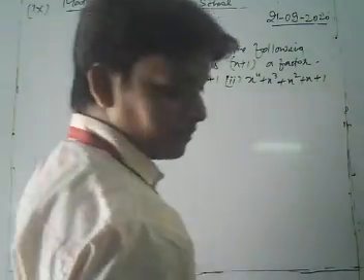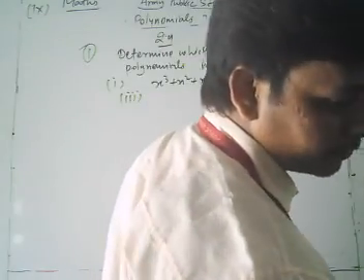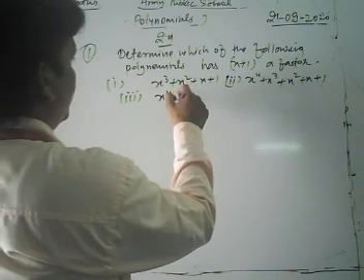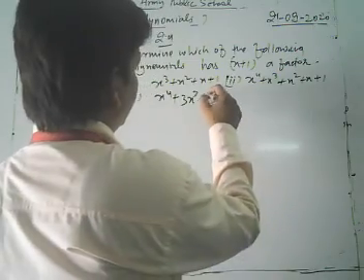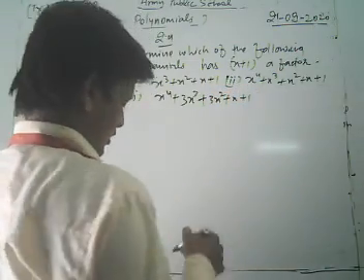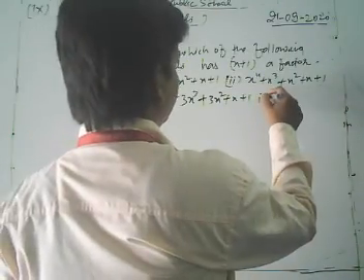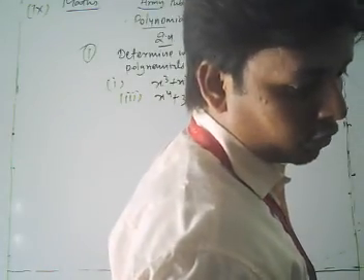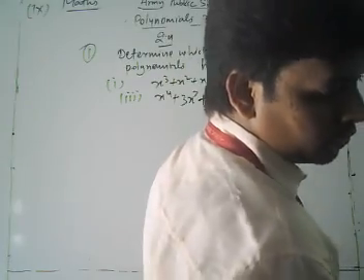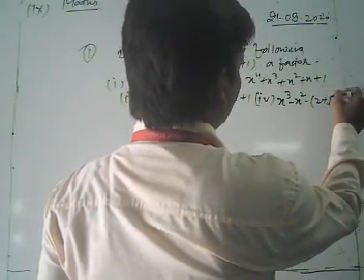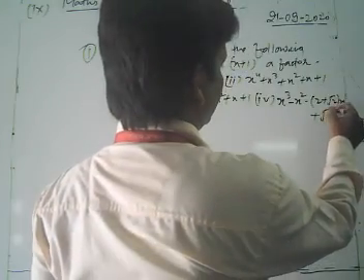Third polynomial is x to the power 4 plus 3x cube plus 3x square plus x plus 1. And the last part of this question, that is the fourth polynomial, is x cube minus x square minus (2 plus root 2)x plus root 2.